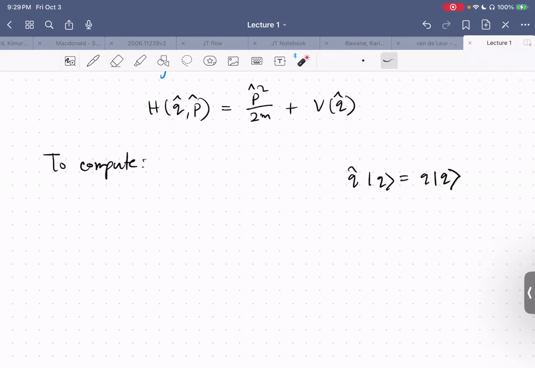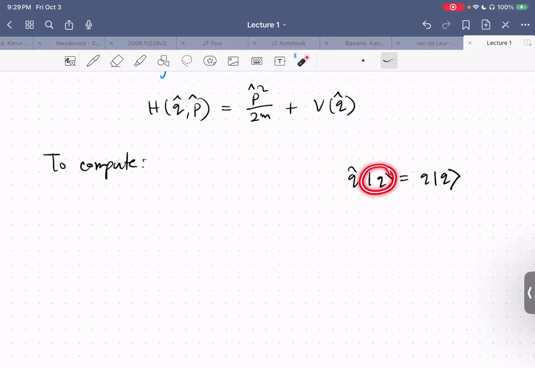Q hat is just the position operator, which acts on the Hilbert space. But this Q without any hat refers to a real number.